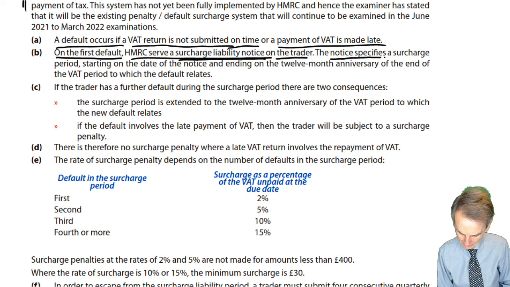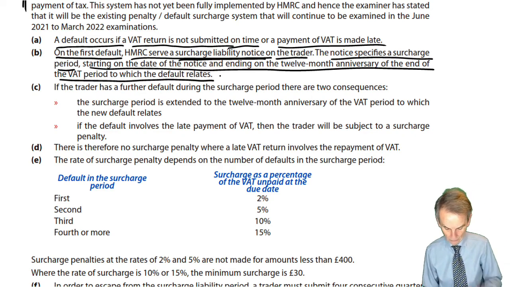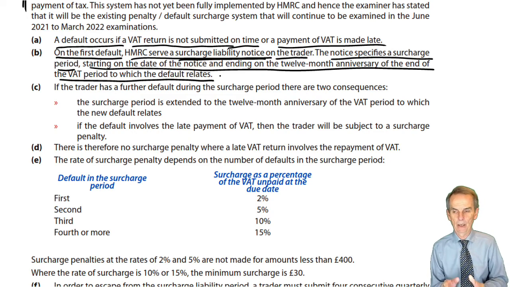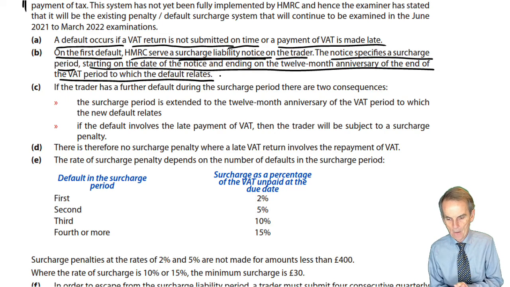But what happens? On the first default, HMRC serve a surcharge liability notice on the trader. The notice specifies a surcharge period, starting on the date of the notice, ending on the 12-month anniversary of the end of the VAT period to which the default relates. So initially, you don't have a problem. Yes, you've missed that particular deadline of the 7th of whichever month it may be, but they're not going to hit you with a fine or any penalty straight away.